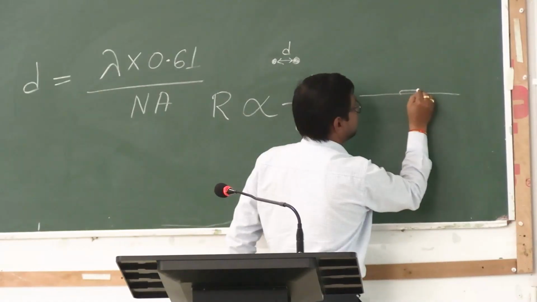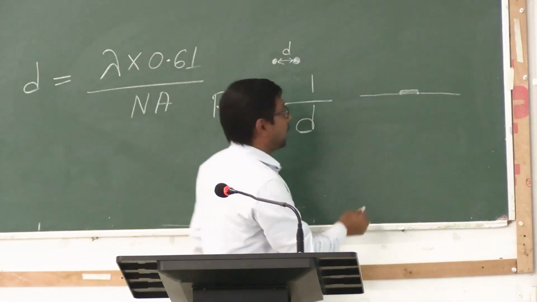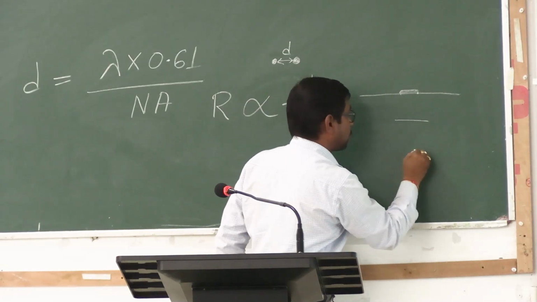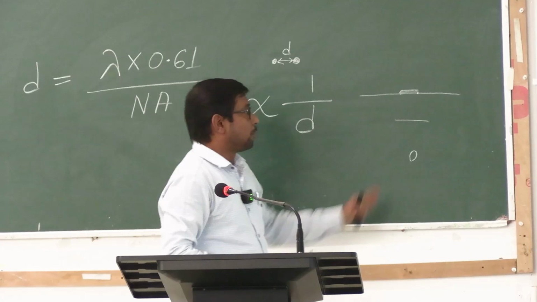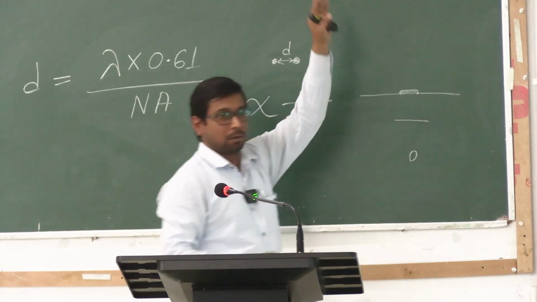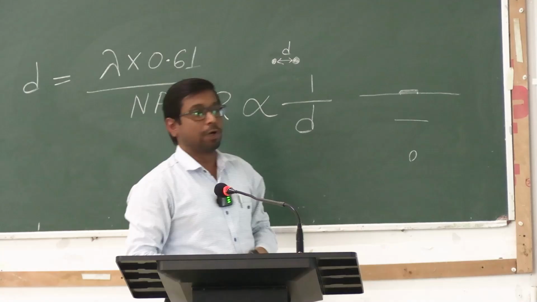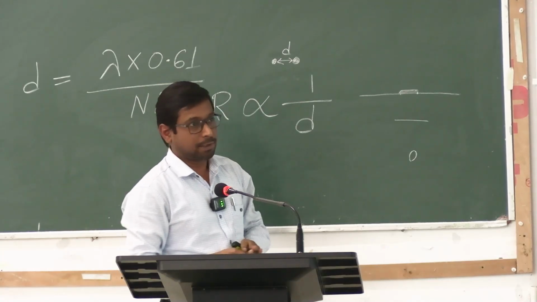If this is a specimen, here we have the condenser lens, and here we have a light source. From this light source, light will pass through the object and go inside the objective lens, right?